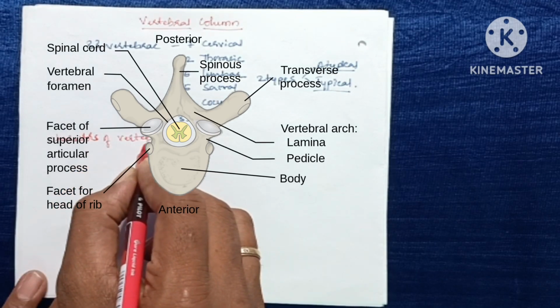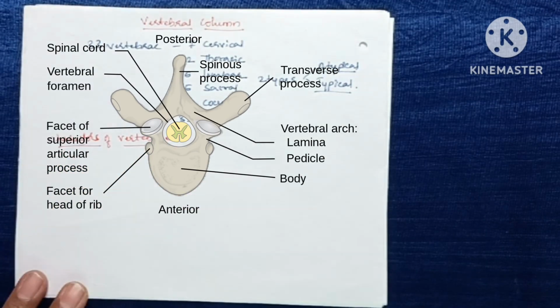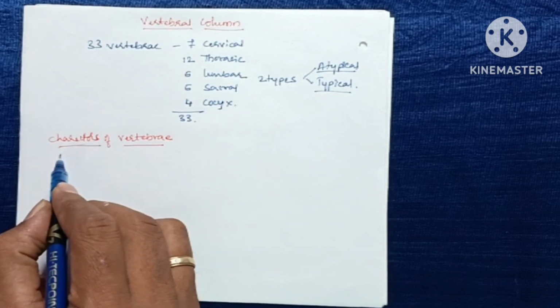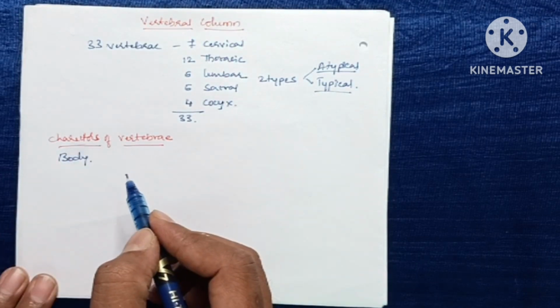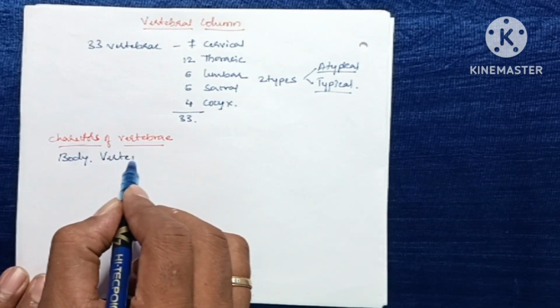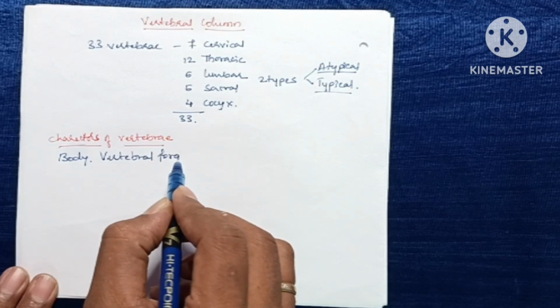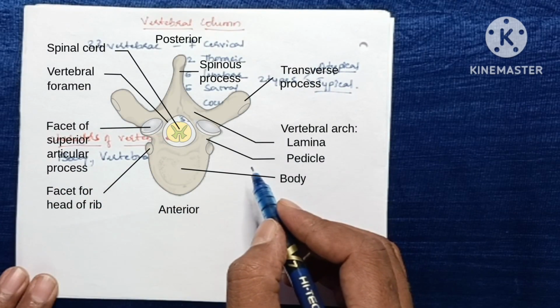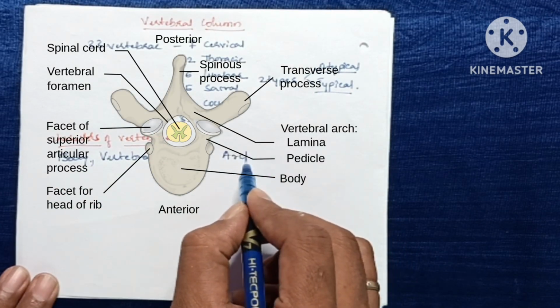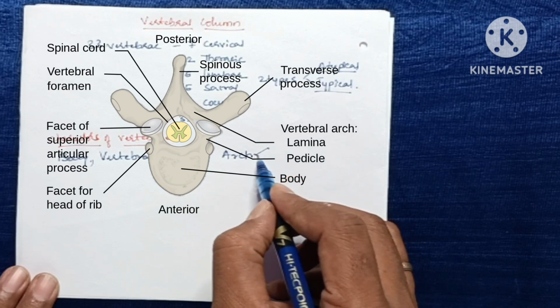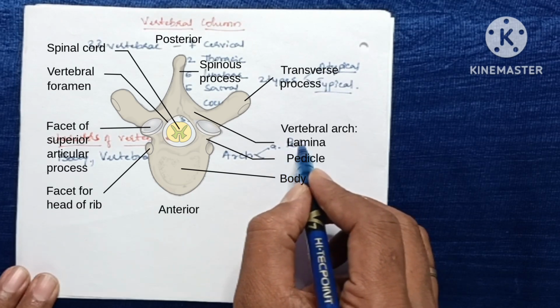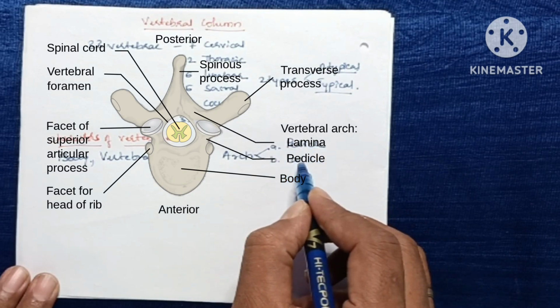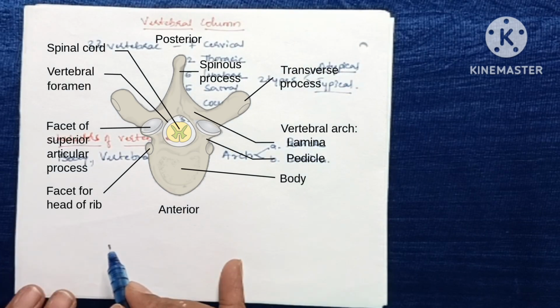To describe the parts of a vertebra, it should have a body and a vertebral foramen. Then it should have an arch, which is composed of a pedicle and a lamina.